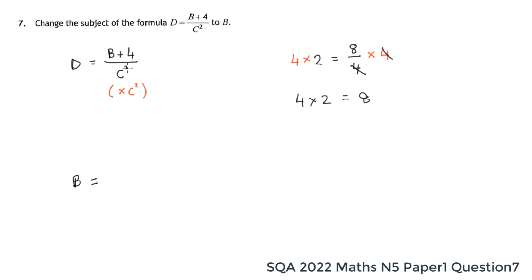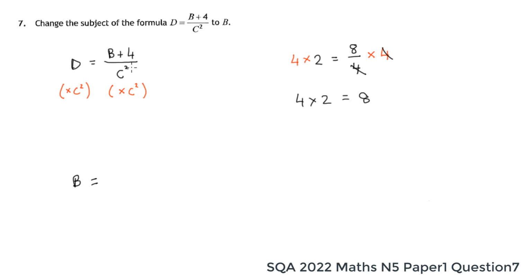And if we're doing that to the right-hand side, to balance it, we would have to multiply the left-hand side by c squared. Just like when we multiplied the right-hand side by 4 here, we had to balance it by multiplying the left-hand side by 4. Otherwise, the two sides would not be equal.